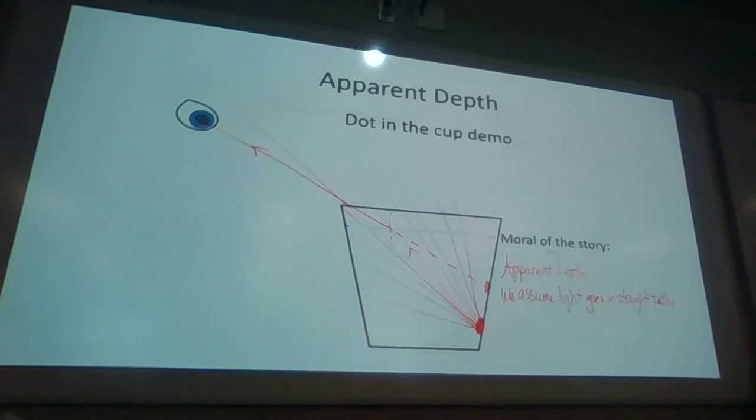Like when I go to grab it, it is where I see it to be. Okay? That works out great so long as the light isn't changing mediums. If light changes mediums, where you see it to be isn't necessarily where it actually is. Okay?